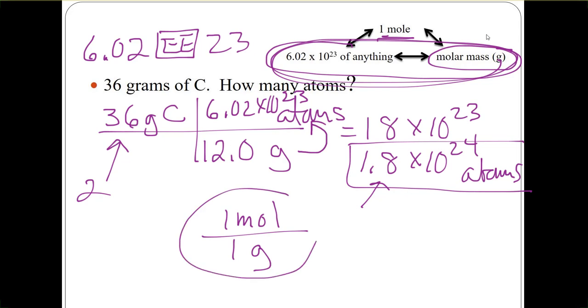And this is not correct. For hydrogen, maybe, because hydrogen is our only element that has a molar mass of 1. So we would only see that with this. So these two typically are not equal to each other. You're going to have a number much bigger than 1 for 1 gram. So it's usually 1 mole, but not 1 gram, unless it's hydrogen.